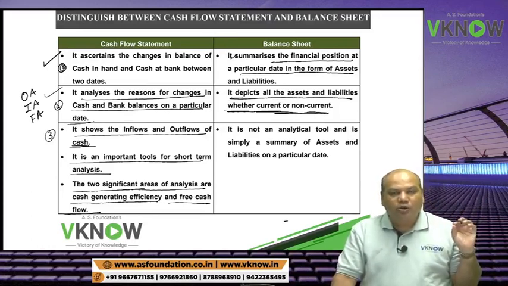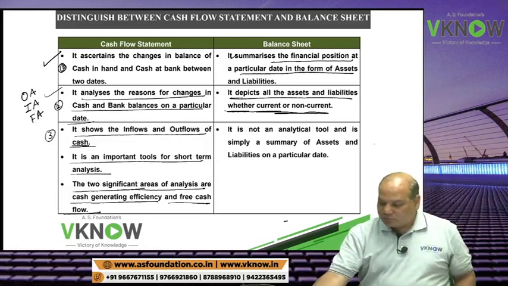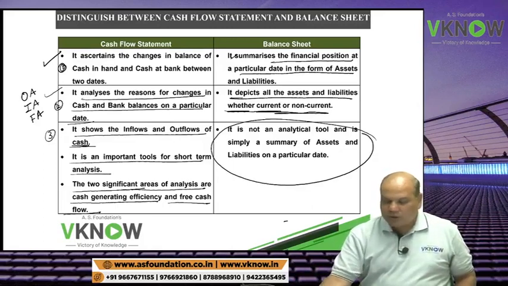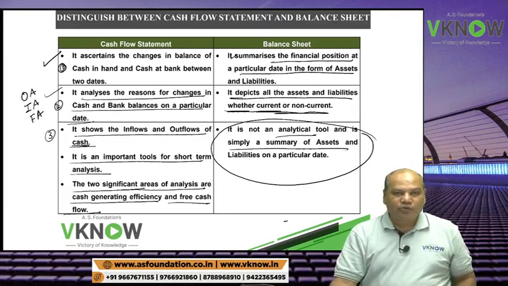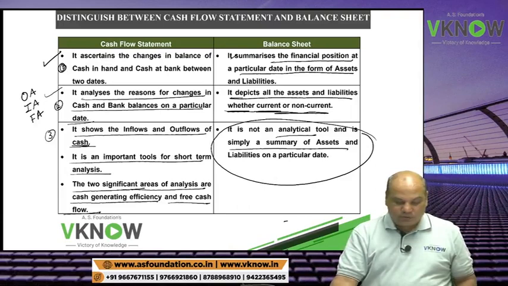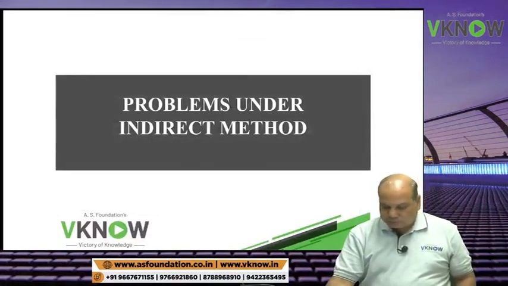It helps in more analysis. Users can take a more informed decision. But what does the balance sheet do? Balance sheet is not an analytical tool. Balance sheet is simply a summary of assets and liabilities on a given date. So this is one theory question.